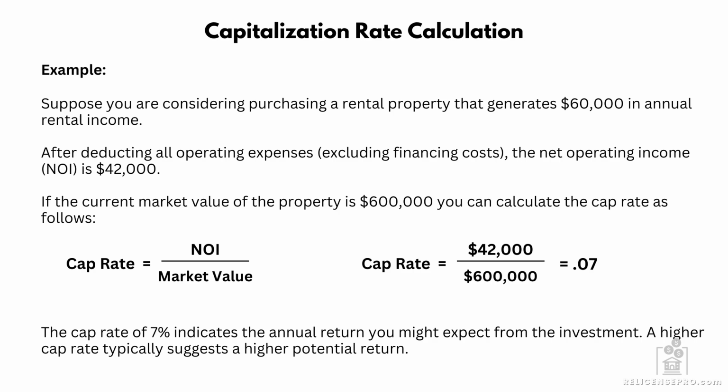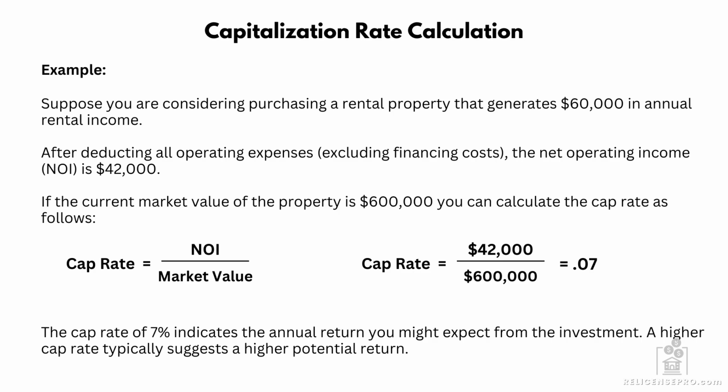All right, so suppose you are considering purchasing a rental property that generates $60,000 in annual rental income. After deducting all operating expenses, excluding finance costs, remember we exclude those, the net operating income is $42,000.